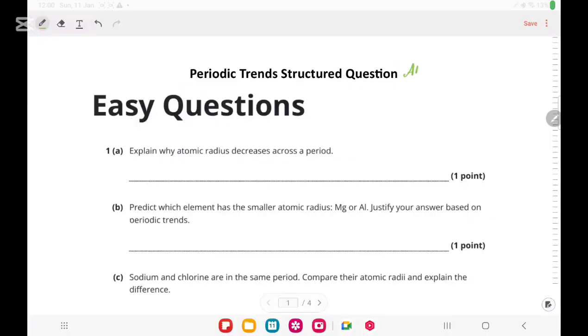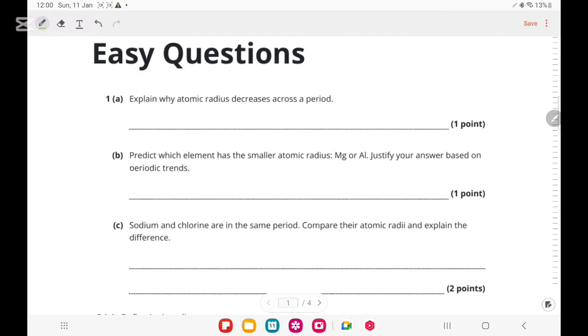So in this video we are going to attempt some of the structured questions on periodic trends related to AP Chemistry. First of all, why does atomic radius decrease across a period?